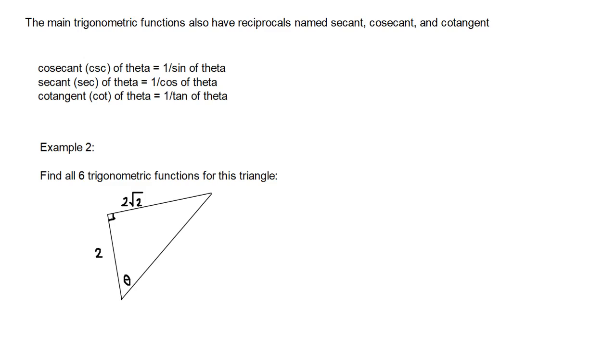So number 4. The main trigonometric functions also have reciprocals, and they're called secant, cosecant, cotangent. So cosecant is 1 over sine, secant is 1 over cosine. It's a little confusing, right? Sine, cosine, secant, cosecant.